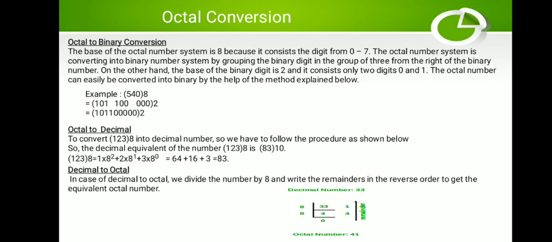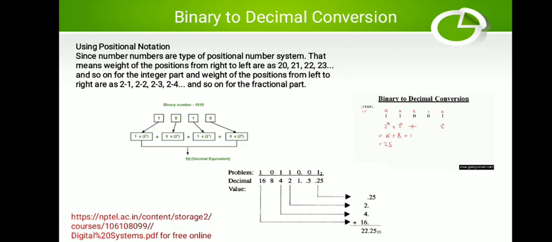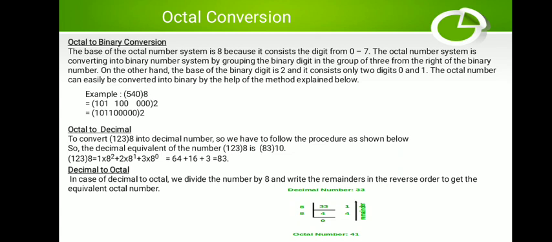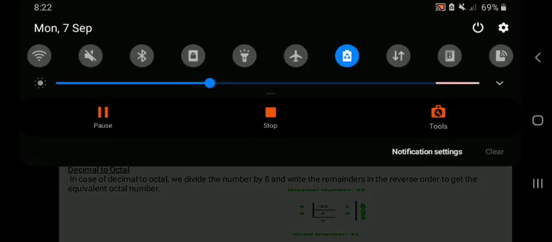Then what will be our equivalent octal number? The integer part of the multiplication, and the rest of the fractional part will be the multiplicand for the second multiplication. Till when should we carry on the multiplication? Till the fractional part is equal to 0. So this is how you convert a given decimal number to an octal number.